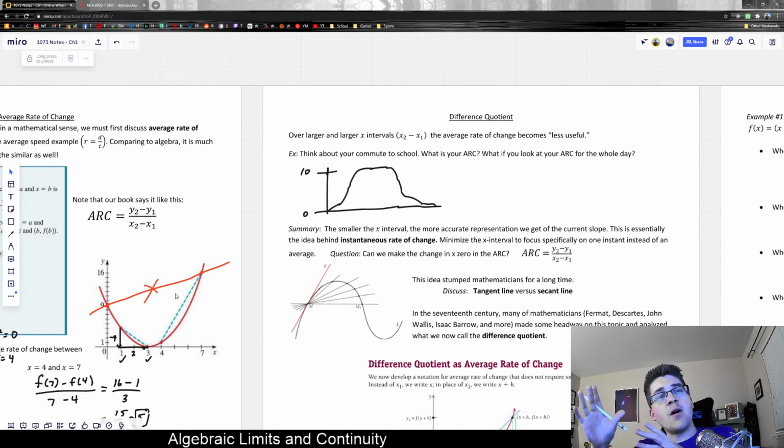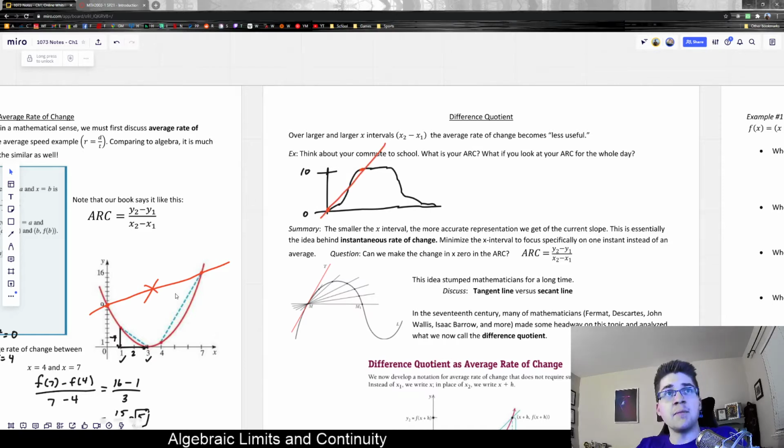If you think about your speed along the way, it will change as time progresses. Let's say we were looking at our average rate of change on the first interval. When I was on the side streets, I maybe was going 30 miles per hour. When I was on the freeway, I might have been going 50, 60, 70 miles per hour. But those averages change across intervals. If I take them on a wider interval, say from start to arriving at school, my average is much more like 50 miles per hour across the whole trip.